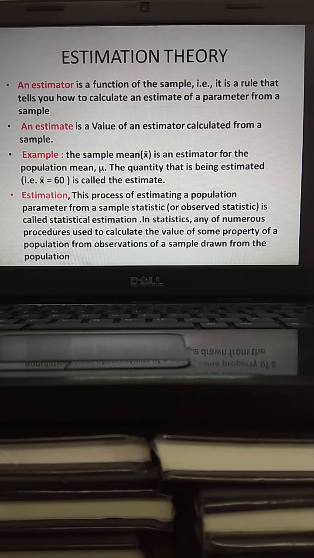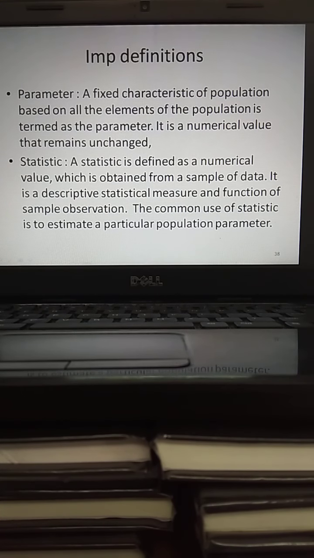Now let us see the important definitions under estimation theory. The first definition is parameter. Don't confuse the parameter of distributions with the parameter of a population in inferential statistics.